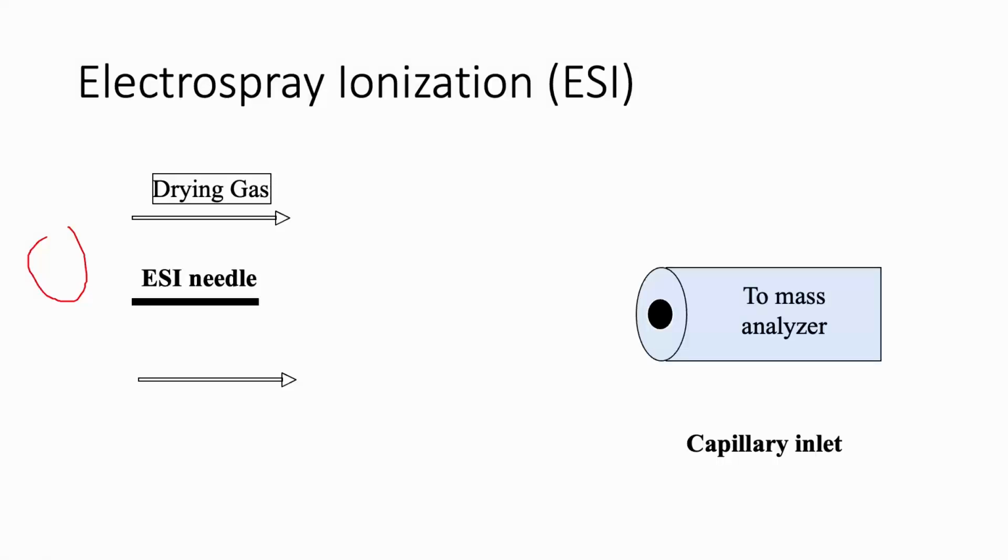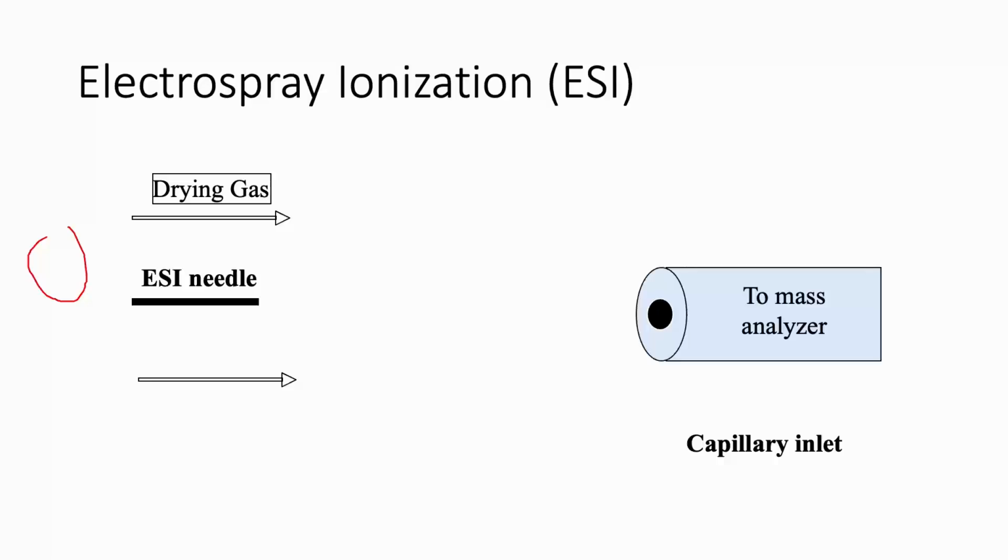And it's inert for a reason. You don't want oxygen involved in this. You don't want to burn your compounds, but you do want them to dry, and we'll talk about that in a second. And you also have some sort of capillary inlet or some sort of a mechanism to get them into the mass analyzer. This is also under a very high vacuum. So the mass analyzer is under a vacuum.